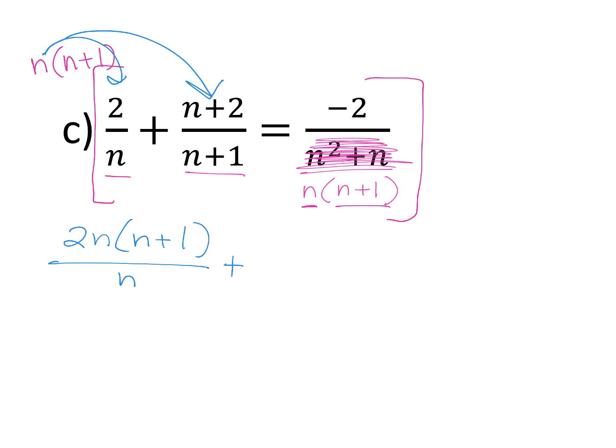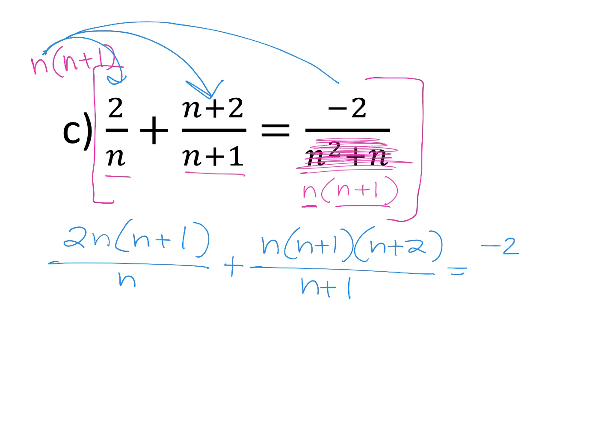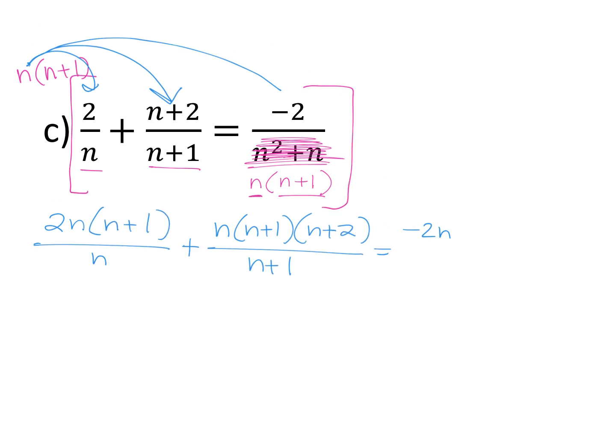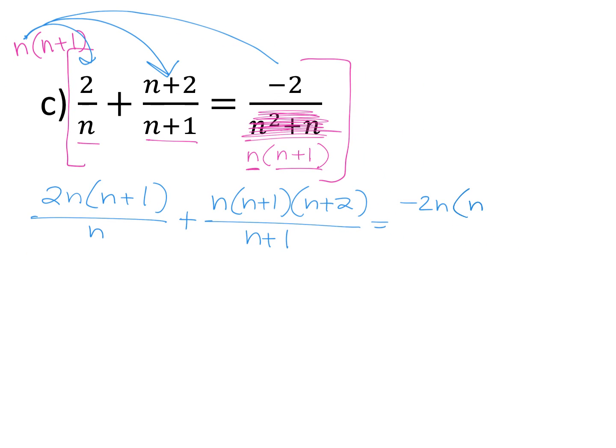Just write it out how you see it. n times n plus 1 times n plus 2 over n plus 1 equals, and one more time, negative 2 times n plus 1 over n times n plus 1.